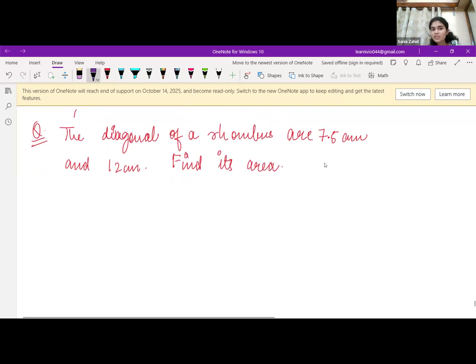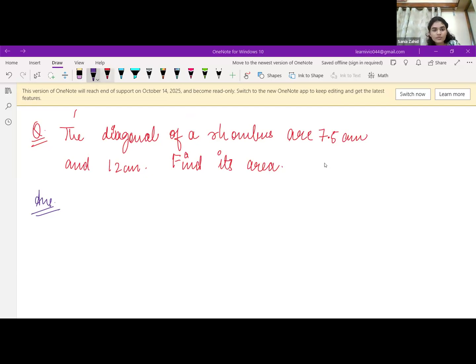Okay. Now this is a very easy question, children. Quickly do it and tell me the solution. It's 45 centimeters square.